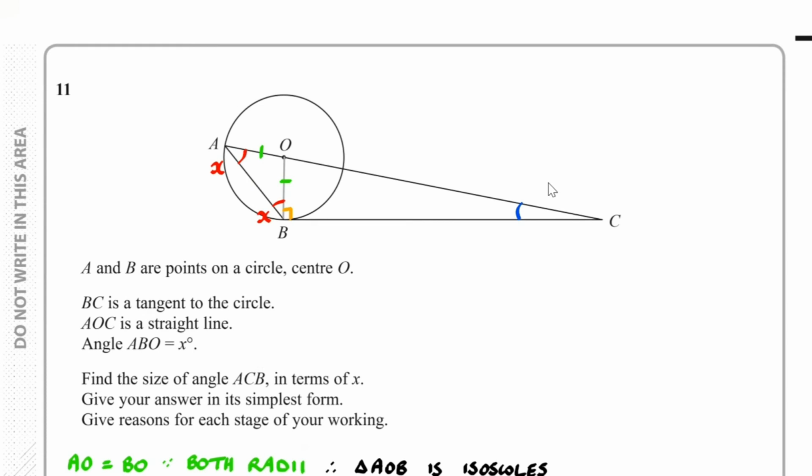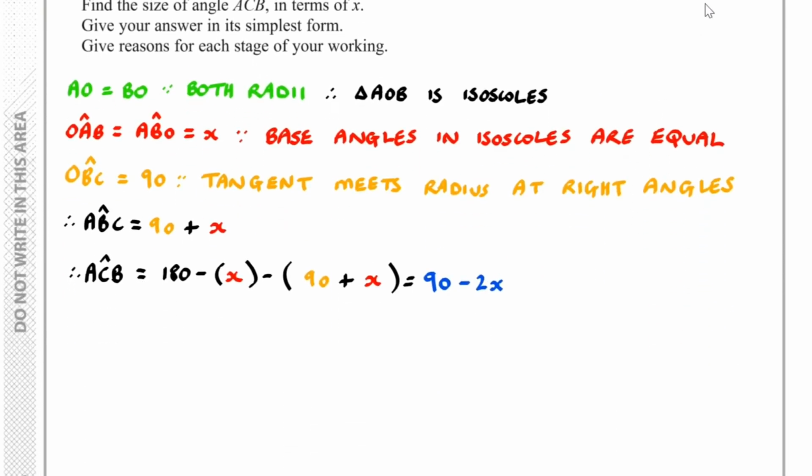So the angle here is 90 minus 2x. The reason for this: angles in a triangle sum to 180.